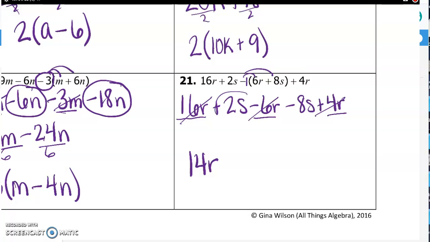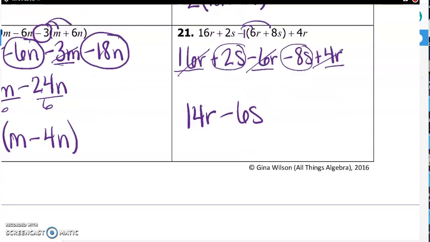Then we have 2s minus 8s gives me negative 6s. So 6 does not go into 14. 2 and 3 go into 6. 3 doesn't go into 14. So 2 is what we write. 2 times 7r would give us 14r minus 2 times 3s would give us 6s. So divide by 2, divide by 2.